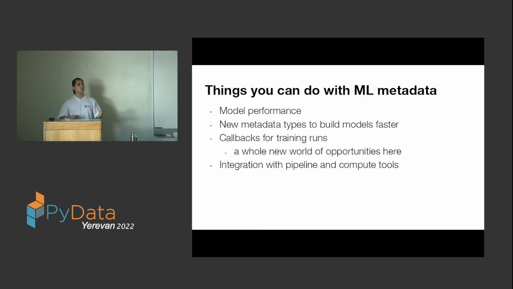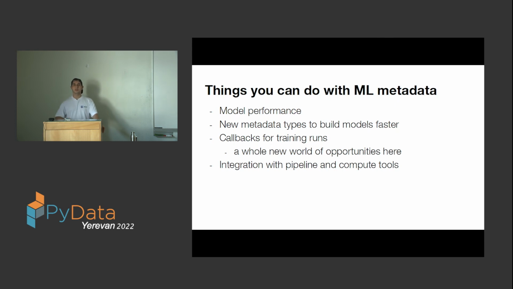In order to really understand your model, you may need to track a specific type of images where you see the angle of your eye, because that may be what you're tracking for your specific problem. And so these are new types of metadata that are not a metric, not a regular image, not a text. You may need these to make analyses or just make better models faster.